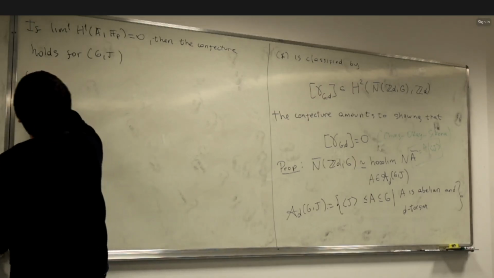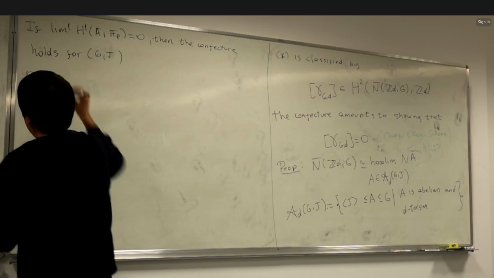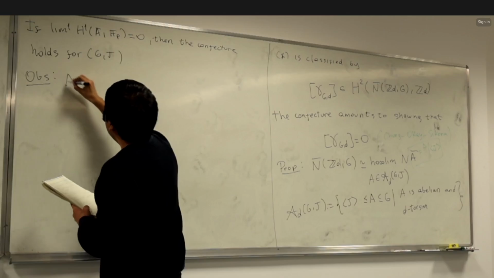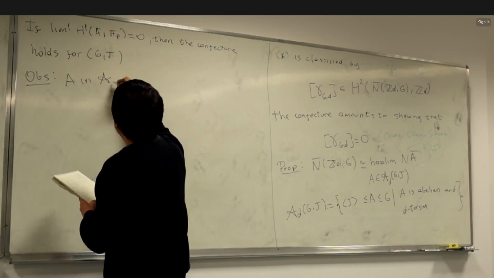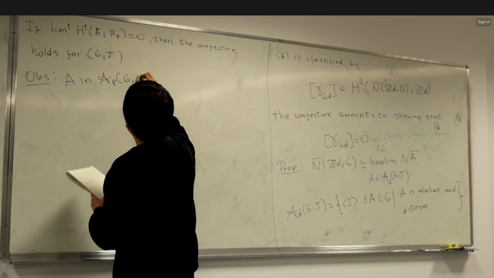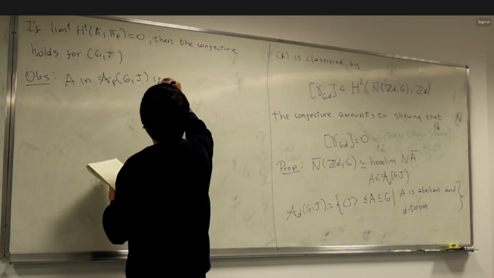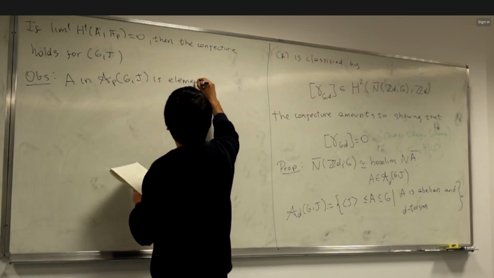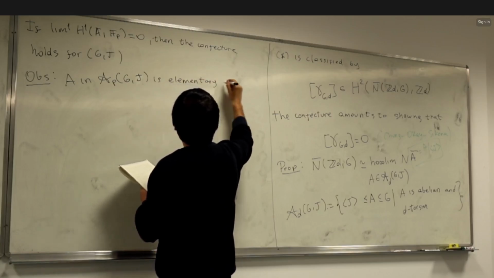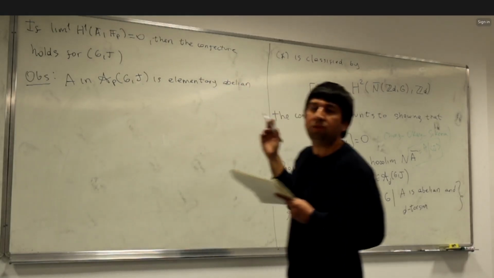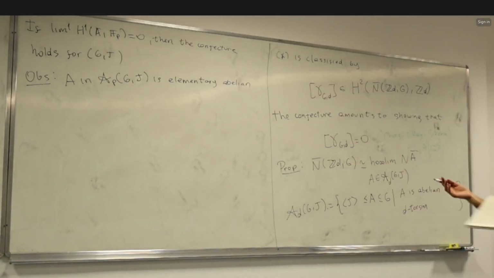Oh, a small observation before we continue. An element in this poset is elementary abelian, because of its p-torsion. It's abelian and p-torsion, so it's elementary abelian.